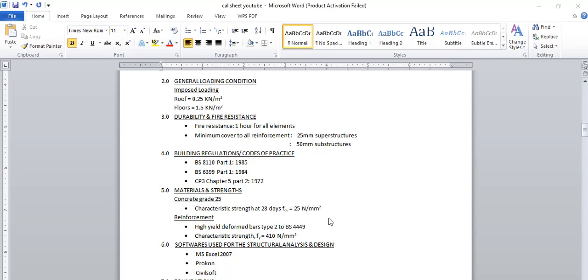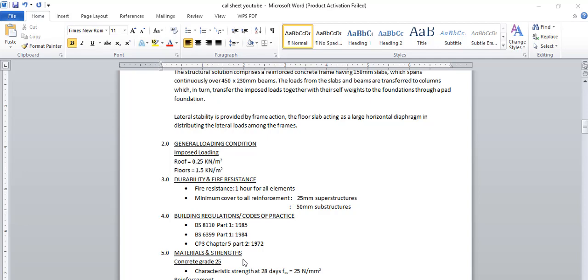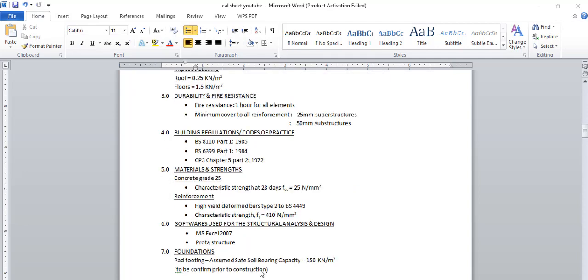The software that you use in producing your structure, here you tell which software you use. These are the softwares I use. Then lastly, the pad foundation. Assume soil bearing capacity as 150 kilonewton per meter square to be confirmed prior to construction. So if you've not gotten the soil reports, you assume, and it must be confirmed before construction.